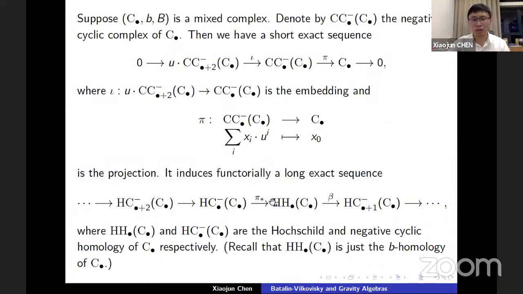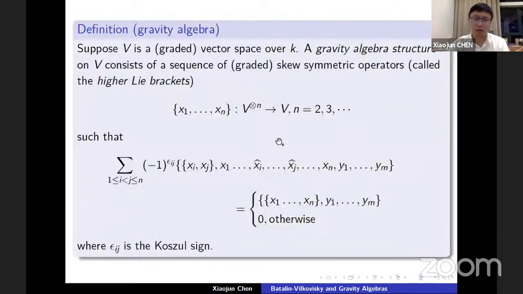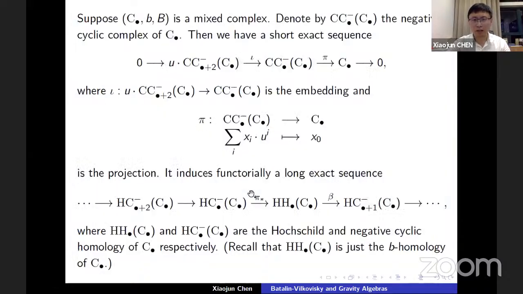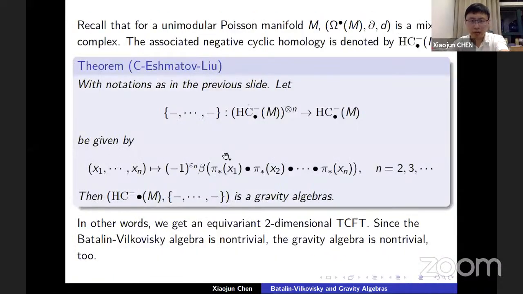So xi is in this negative cyclic homology. Apply pi to it, you get elements in Hochschild homology. Then if you multiply them and apply B again, you go back to the negative cyclic homology. So this is a well-defined map.